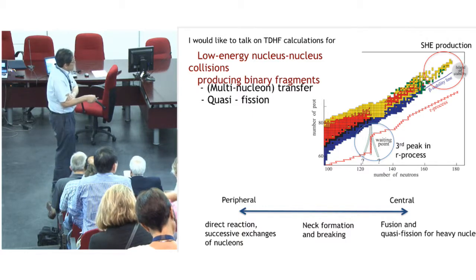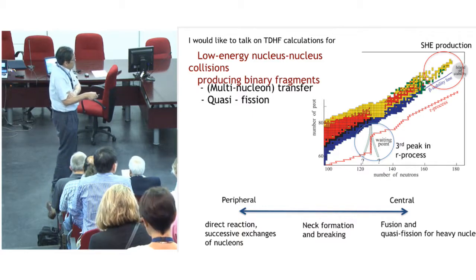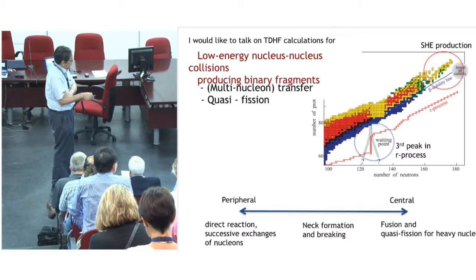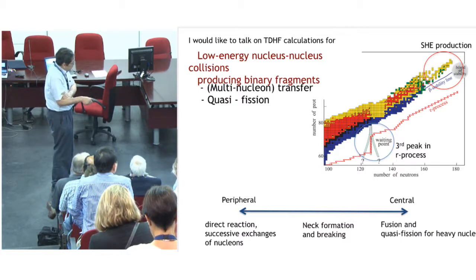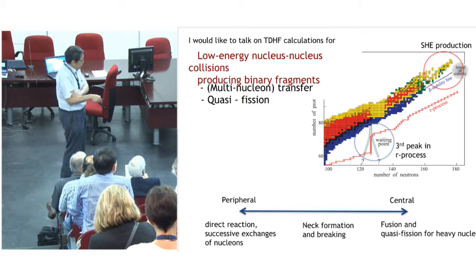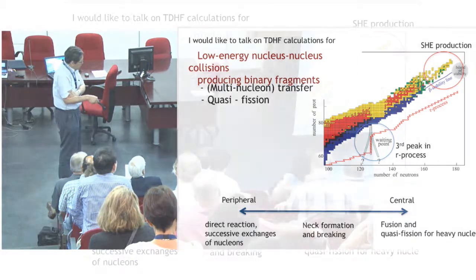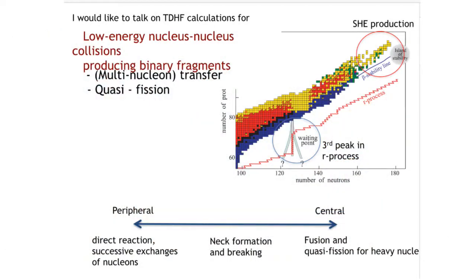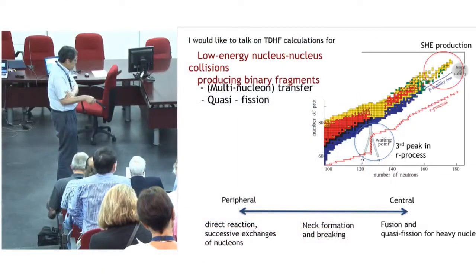But the reactions of this transfer or quasi-fission dynamics depend very much on the type of the reaction. I mean, for peripheral reaction, transfer occurs as a succession of exchange of single nucleons.